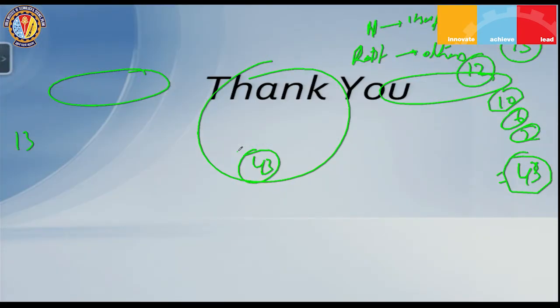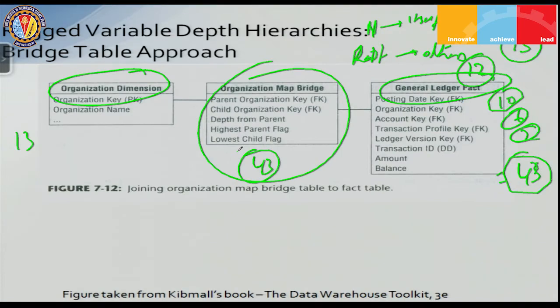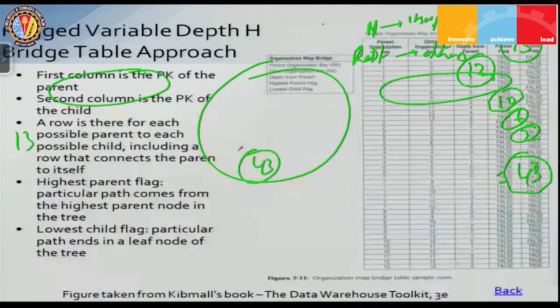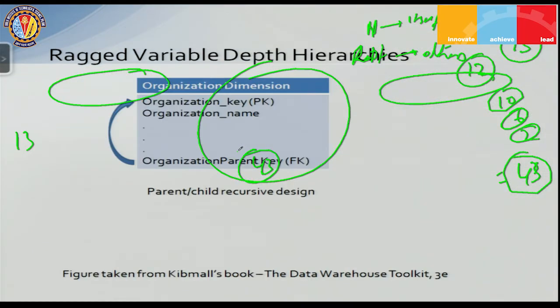With that, I come to the end of this lecture, and I have deliberately not discussed the path string attribute approach. If you are interested, you can read about it in the textbook. A nice description is given there, but for a first course I think it is fine that we just discuss the bridge table and the parent-child recursive pointer approach, right?